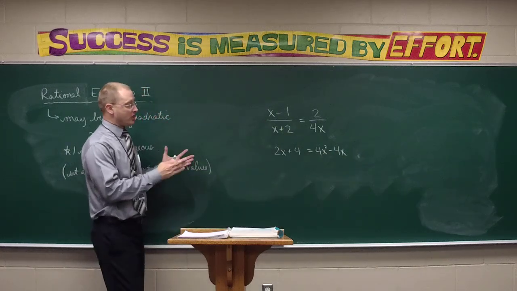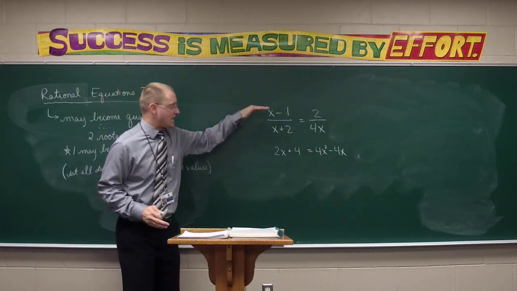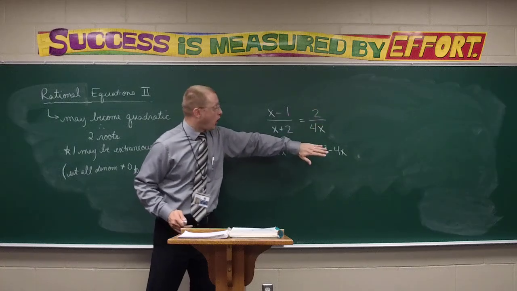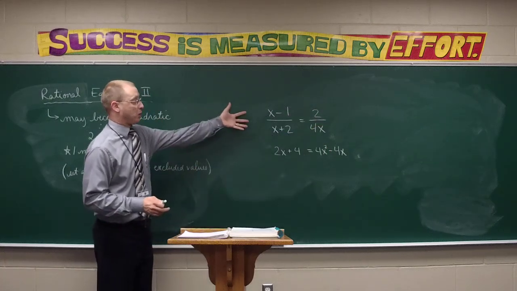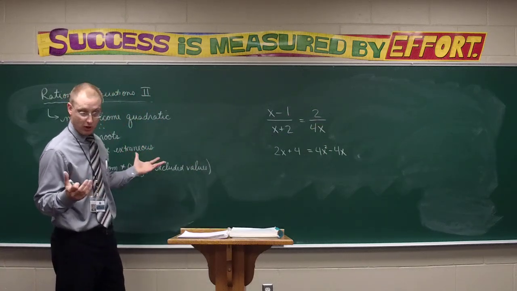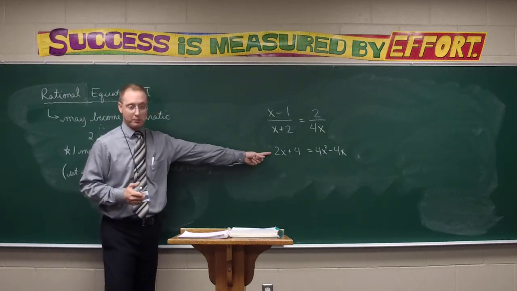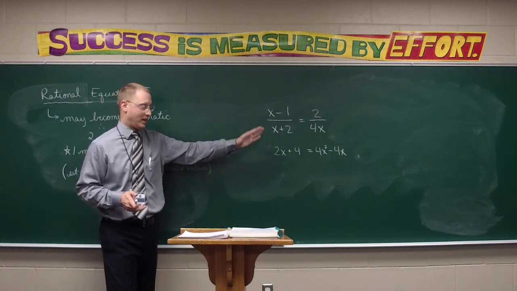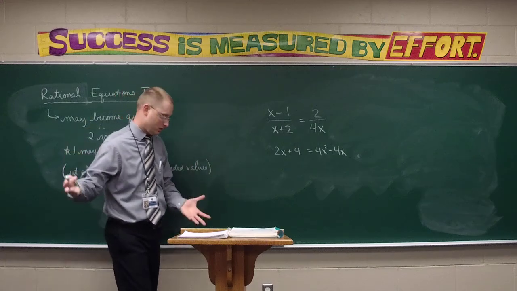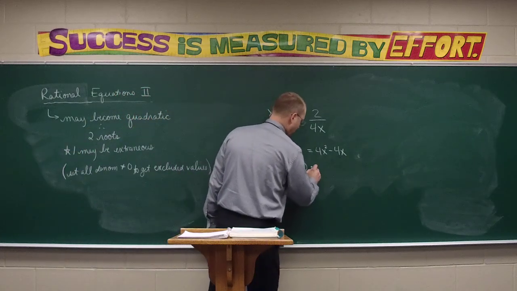All right. And we look at this and we're like, uh-oh, we didn't see any squares anywhere. On the surface, if I had to say, is that quadratic or not, I would say it doesn't appear to be quadratic. But as soon as you multiply, it is quadratic. So we got to set it equal to 0. Now let's put the 0 on the left-hand side here.